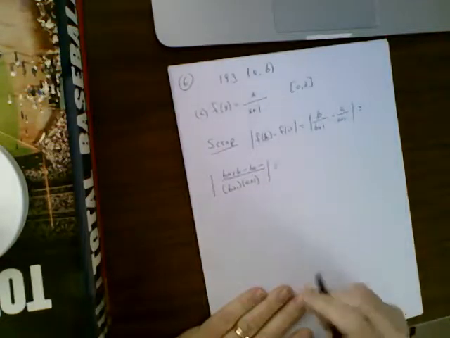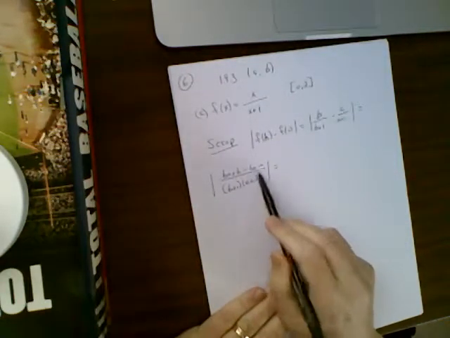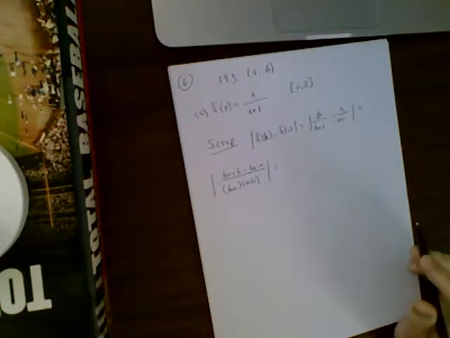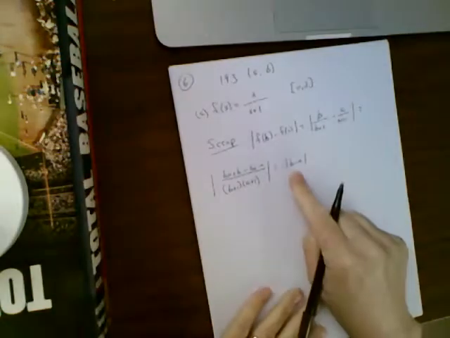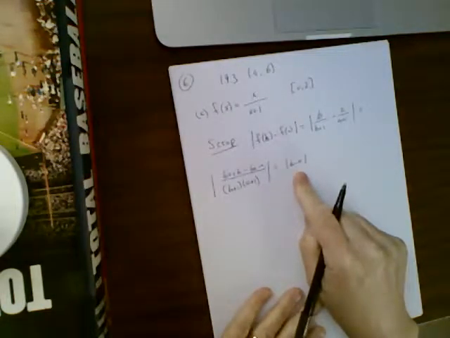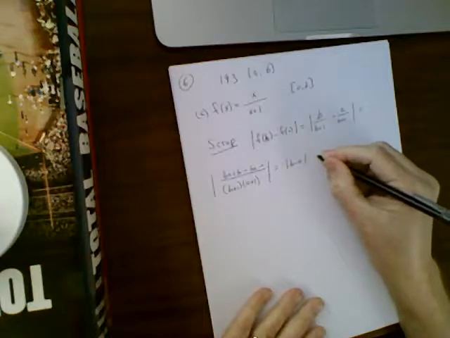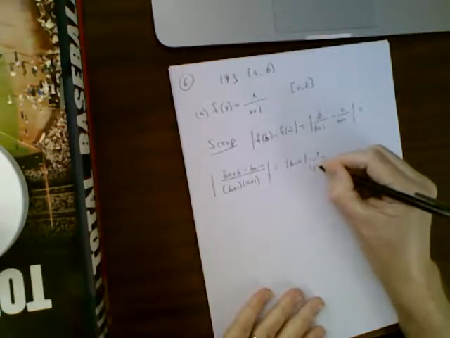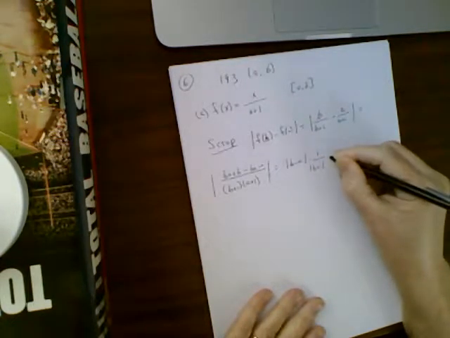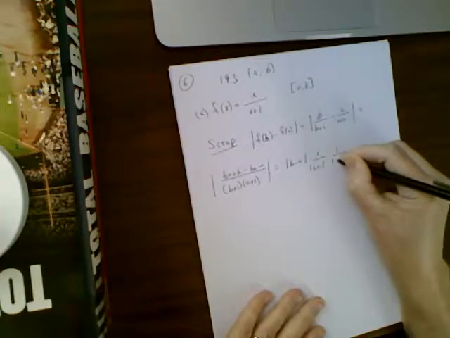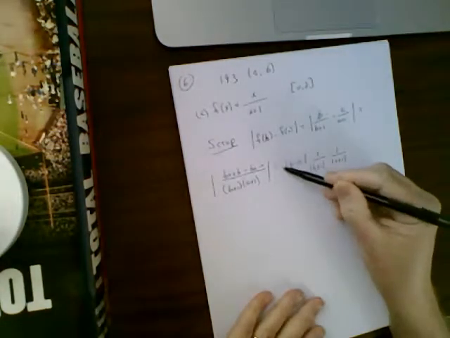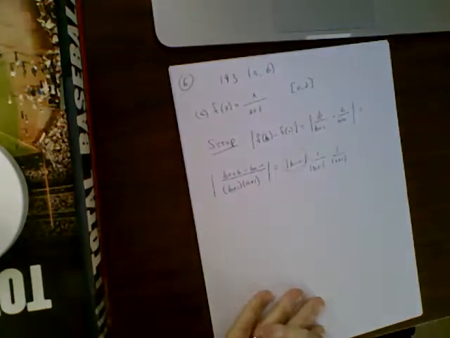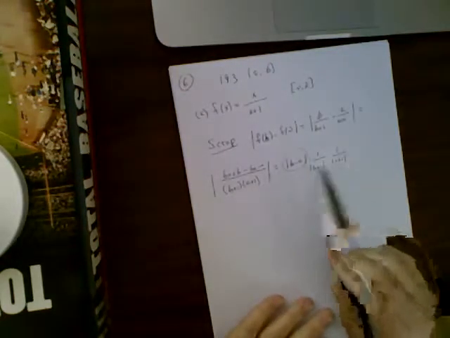So the numerator is b minus a. Well, that's exactly the thing we're looking for. We want to factor out an absolute value of b minus a, because we can make this as small as we want. Then what's left over is 1 over the absolute value of b plus 1 and 1 over the absolute value of a plus 1. So this we can make as small as we want. But what can we say about this?